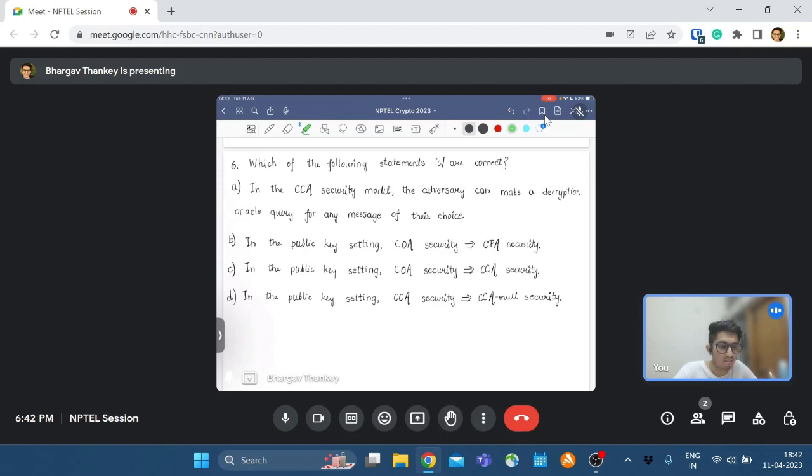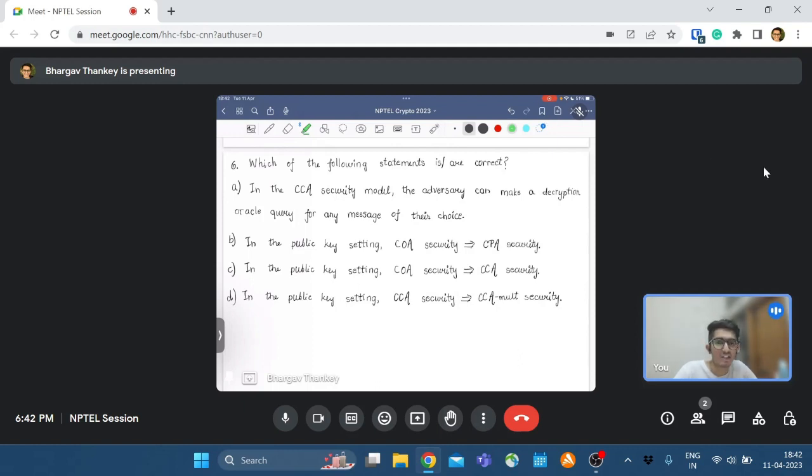Now recall that in the post-challenge training phase, the adversary can make decryption oracle queries for almost every message except one, and that message is C star. That is, the adversary cannot make a decryption oracle query for the ciphertext received during the challenge phase. And this makes sense, right?